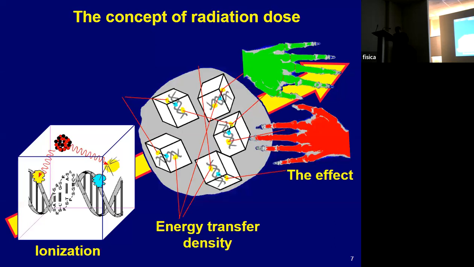And the second topic is related to the quality of radiation, which depends on the microscopic spatial distribution of energy transferred by radiation to matter. The exposure to radiation may also depend on other factors, such as the rate of energy absorption, the degree of oxygen supply to the irradiated tissue, and other factors affecting the radiosensitivity of the irradiated tissue.